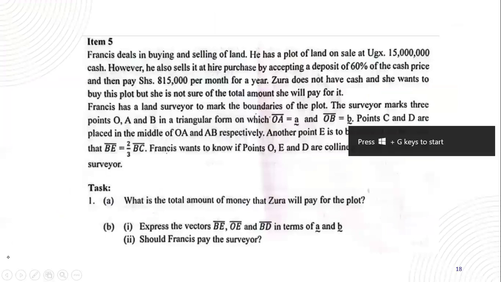Now, whenever they tell you to find the distance, sometimes we call it the length in vectors.